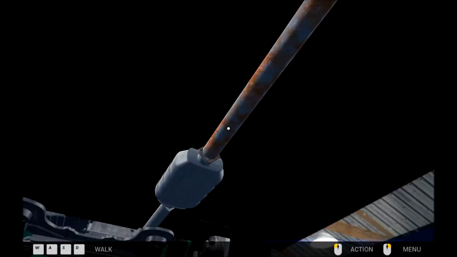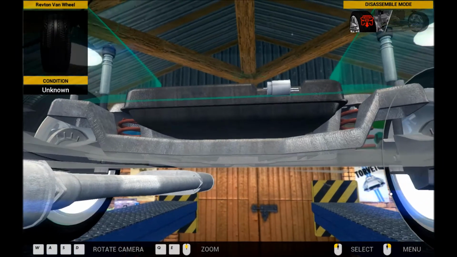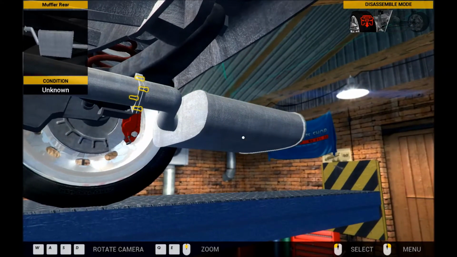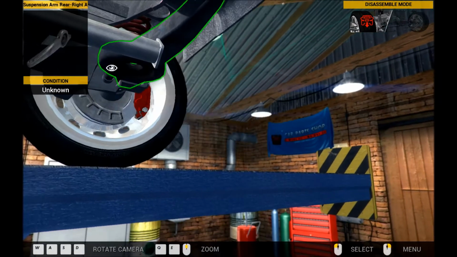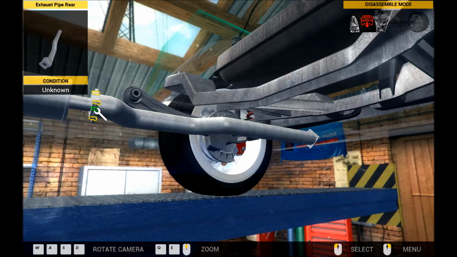Right, yeah, that bit of the exhaust, I'd say, using my mechanic's eye, is the bit which is knackered. Right, but we have to disassemble from the end. So let's remove the muffler. And then the exhaust rear pipe.